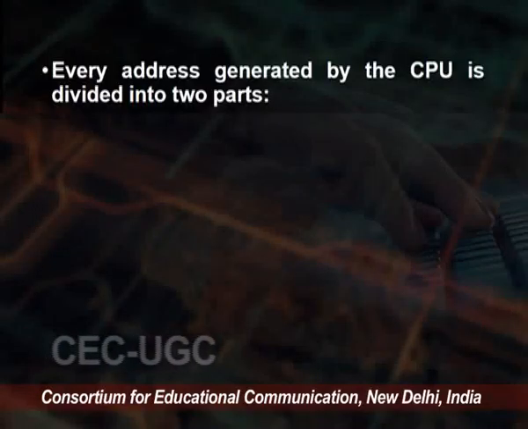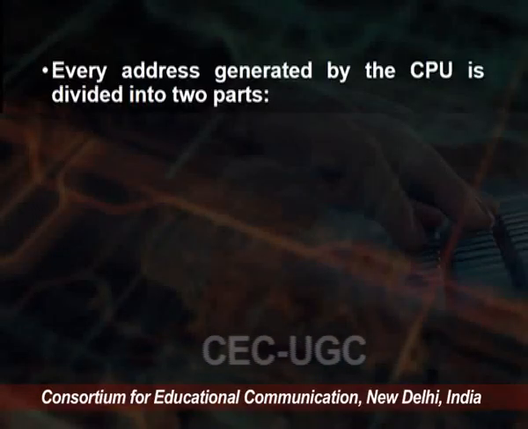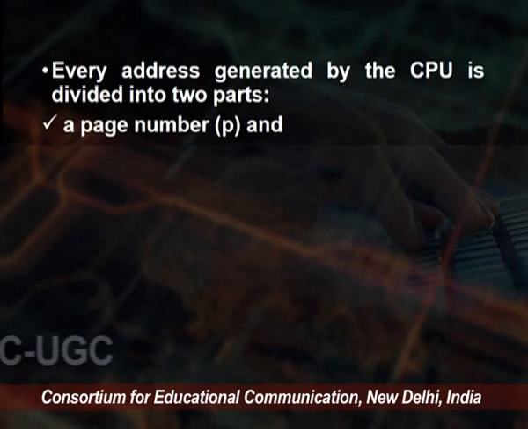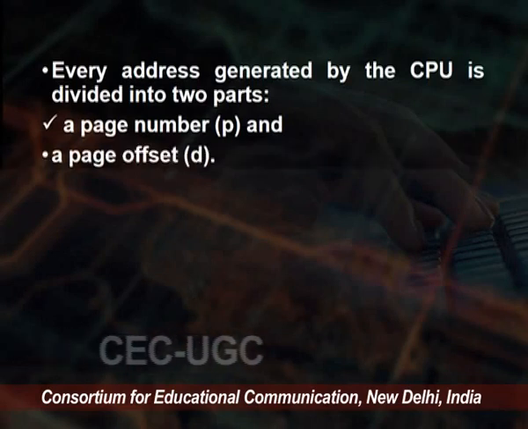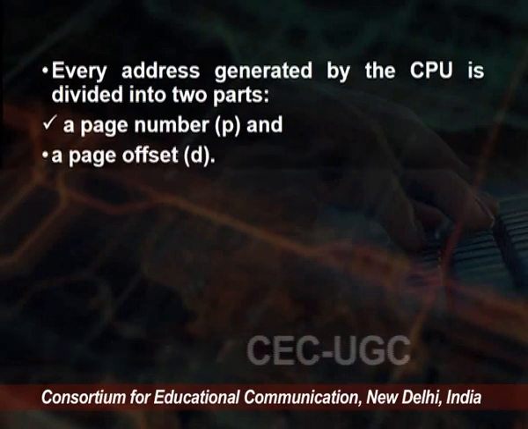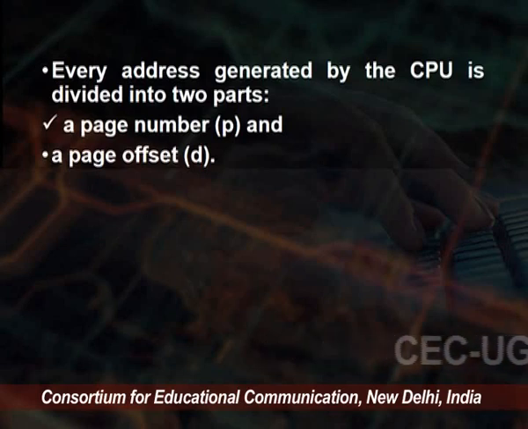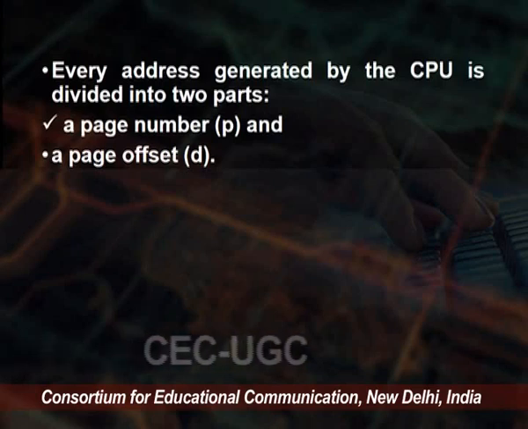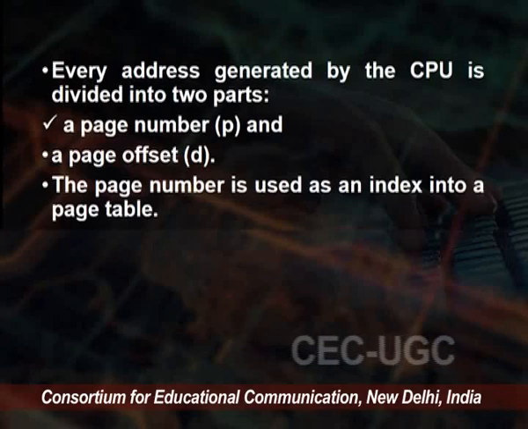Every address generated by the CPU is divided into two parts: first the page number and second the page offset. We all know that the logical address is the address generated by the CPU. The page number is used as an index into a page table.